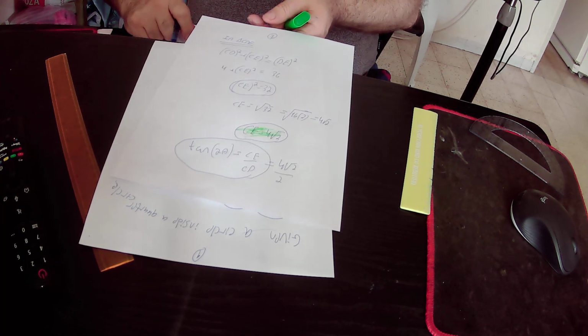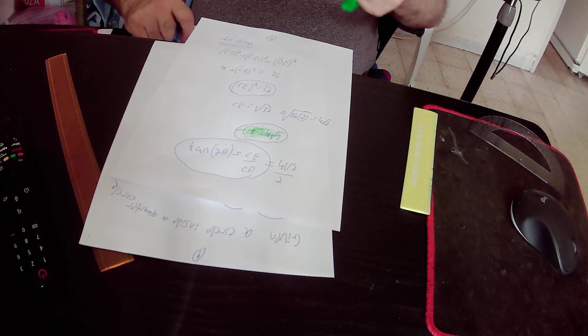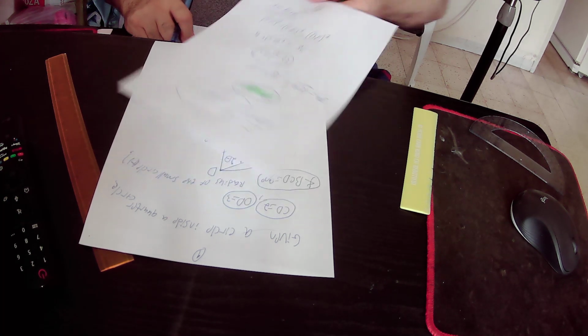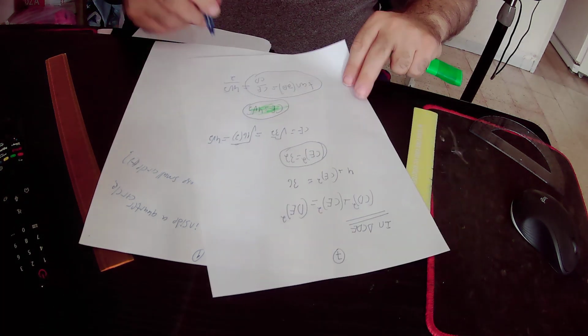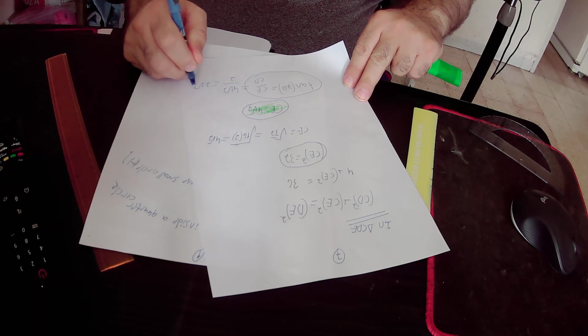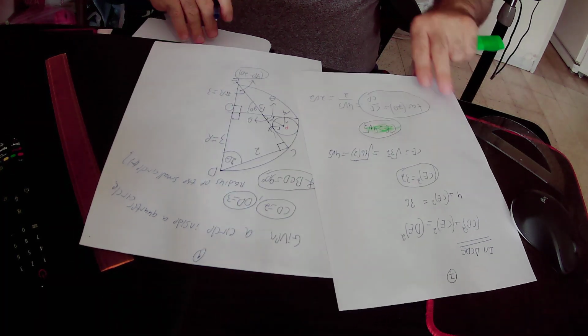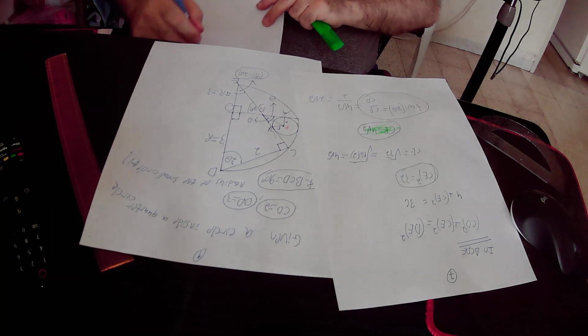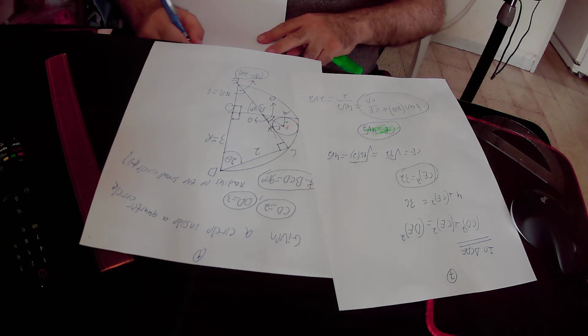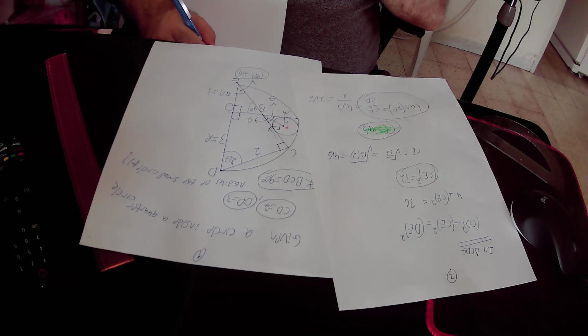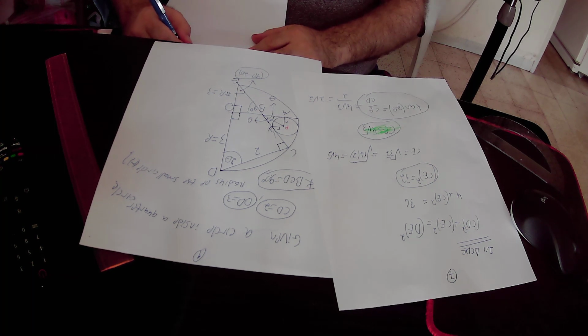So actually tangent 2 theta equals 4 times root 2 over 2, which is 2 times root 2. So we actually found out that tangent 2 theta equals 2 times root 2.